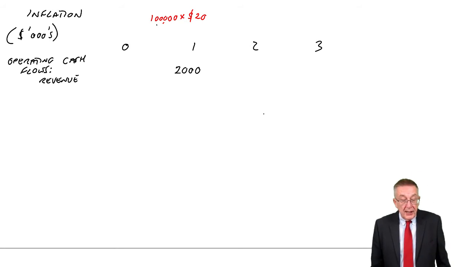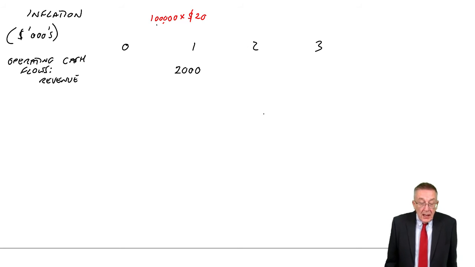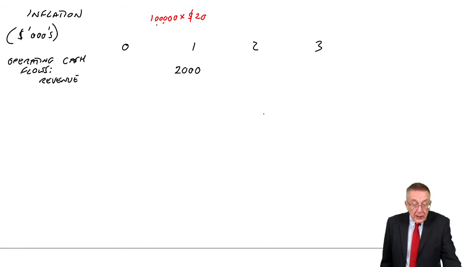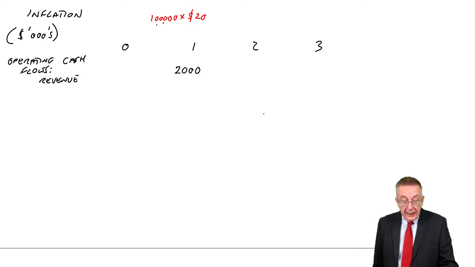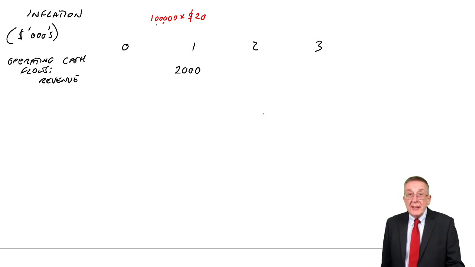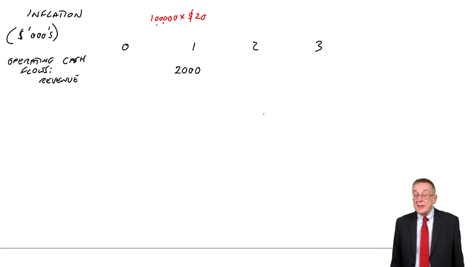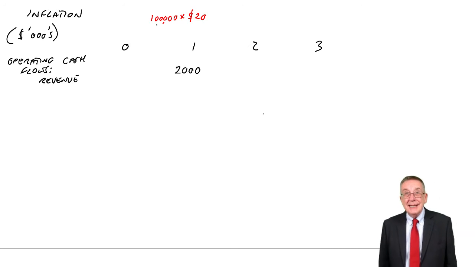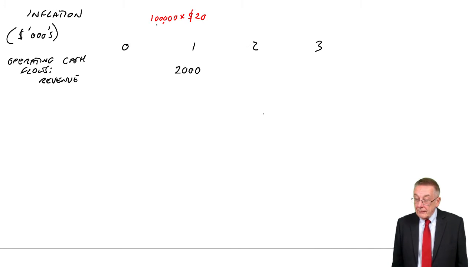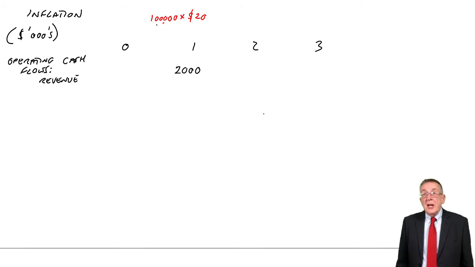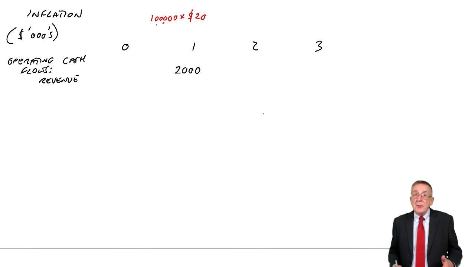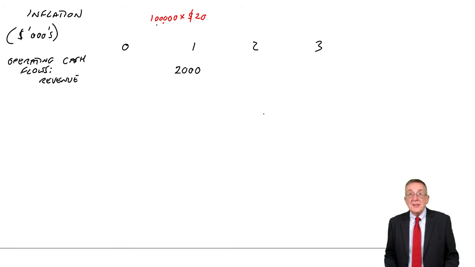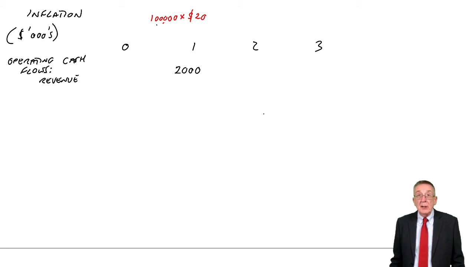What about the second year, though? Because it's still going to be 100,000 units, but it does say towards the end of the question that we expect to be able to increase the selling price by 7% a year. So we're still selling the same number of units, but surely if we put the price up by 7%, the revenue will go up by 7%.